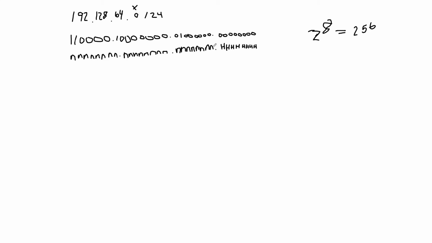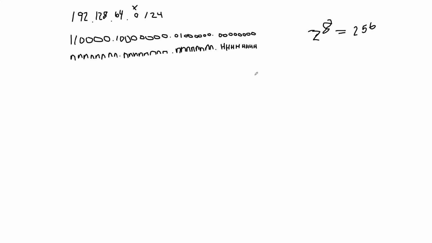Now, remember, I can't change any of the network bits, only the host bits. These belong to me. So the first question I ask is, how many networks do I need? I said I had 4 different departments I wanted to reference, right?